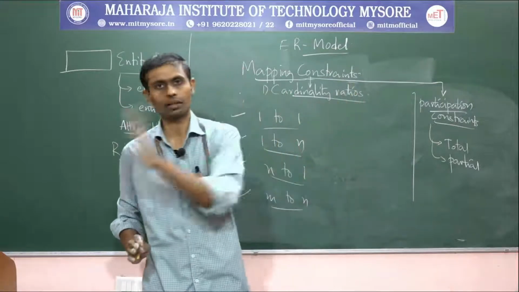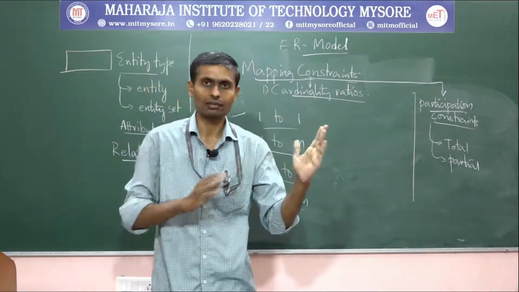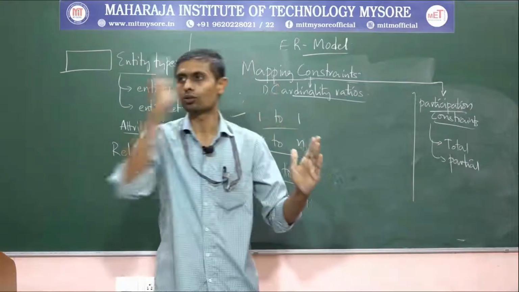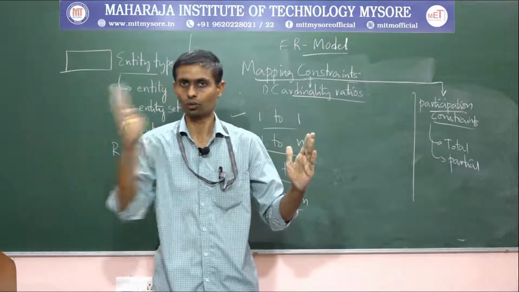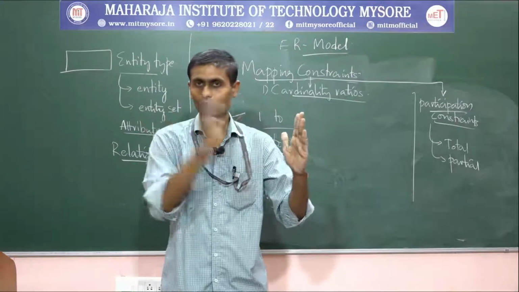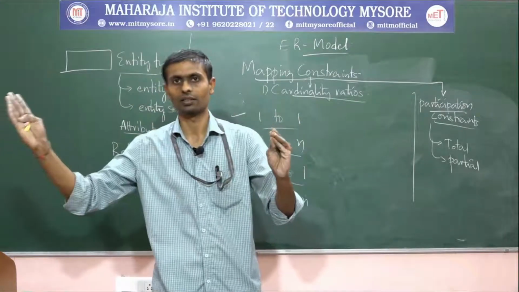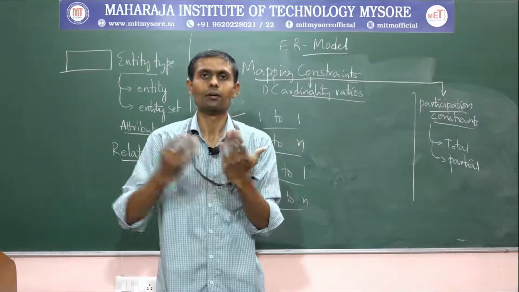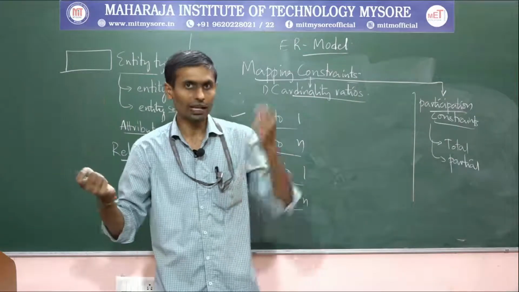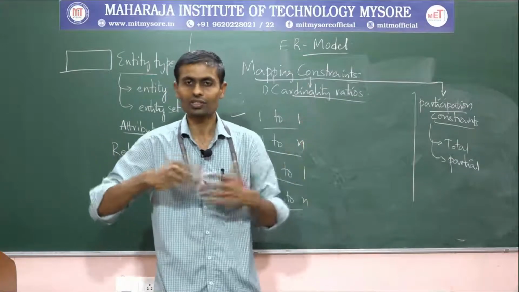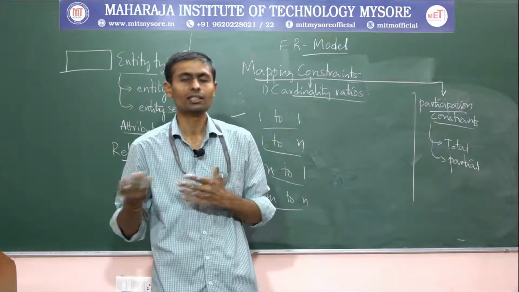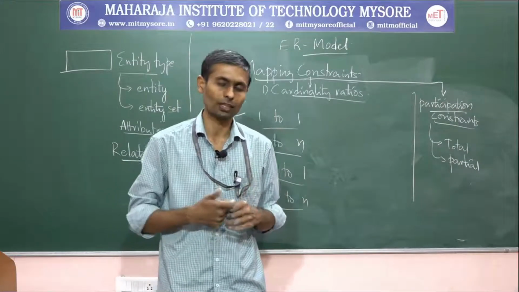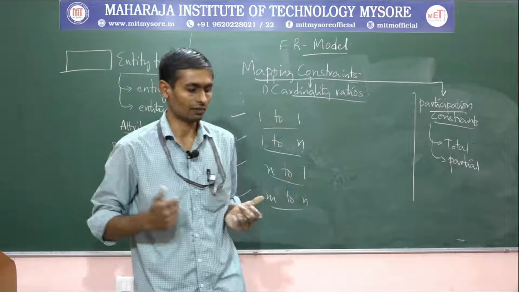And when we read it from the other end, it gives us a many to 1. So both forms have many at least on one side in each reading, then that becomes many to many, consolidated. Consolidatedly we call it many to many cardinality.